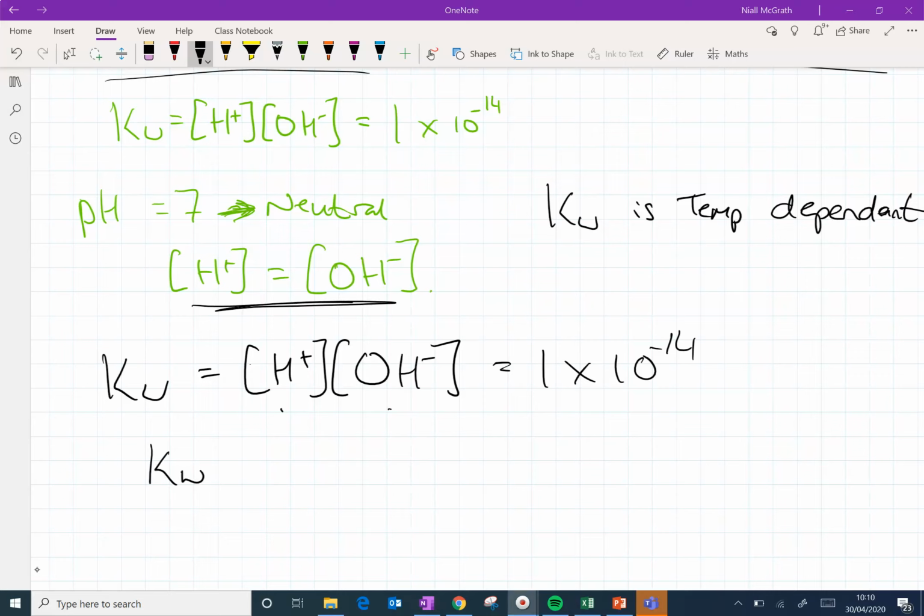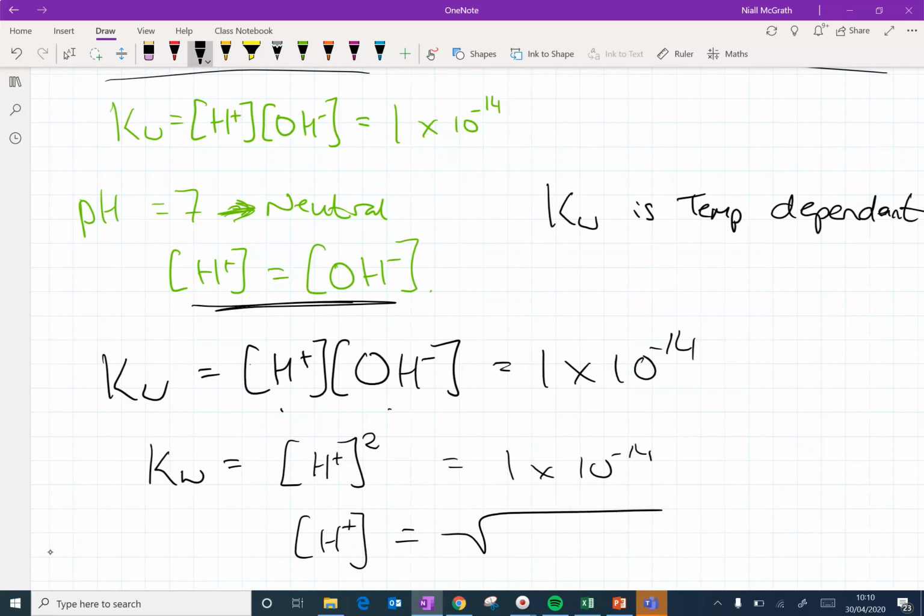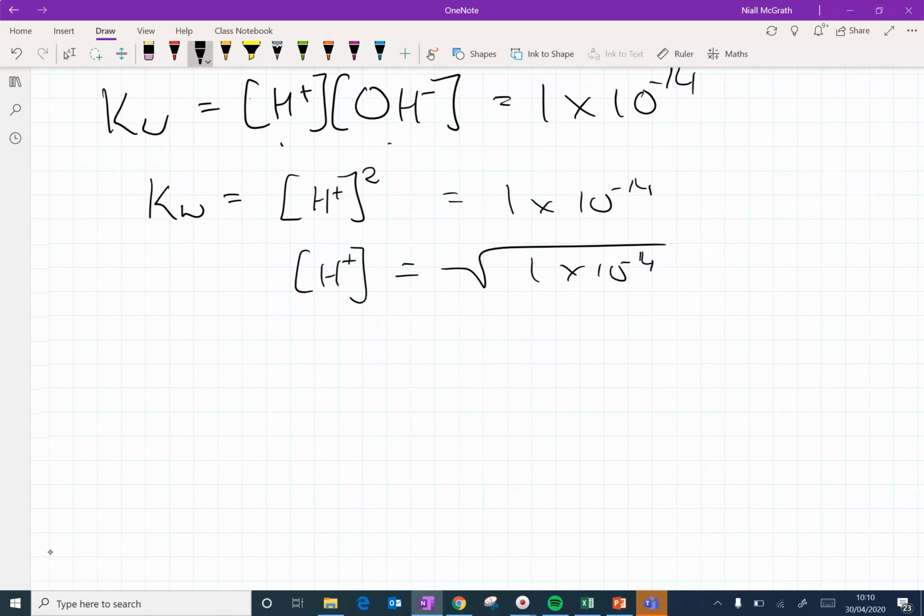So we could say that Kw would be the concentration of H plus squared, if these two figures are the same, which would be equal to 1 by 10 to the minus 14. So to find the concentration of H plus, we take the square root of 1 by 10 to the minus 14, which is 1 by 10 to the minus 7.